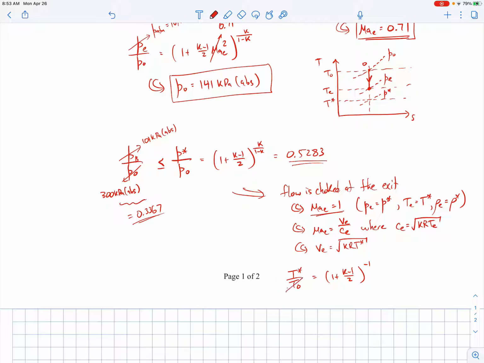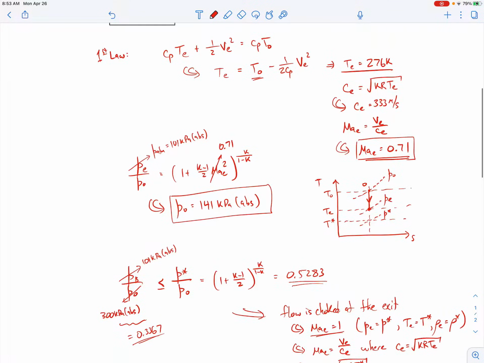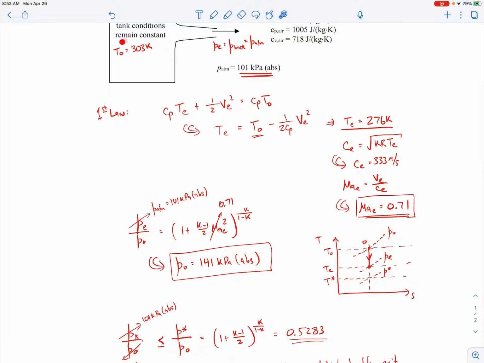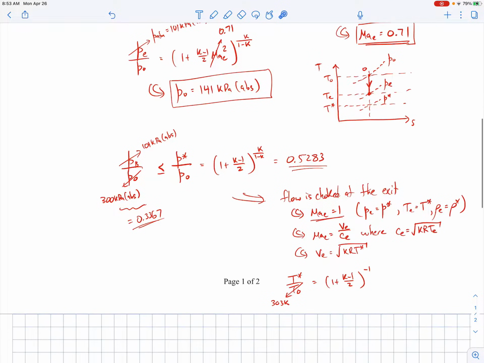We know the stagnation temperature is still the 303 Kelvin, that's still given right up here, so we can solve for T star. T star comes out to be 253 Kelvin for this case, which means we can solve for the velocity at the exit, which comes out to be 319 meters per second.